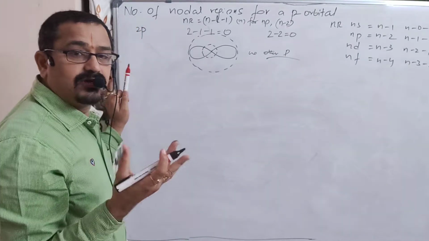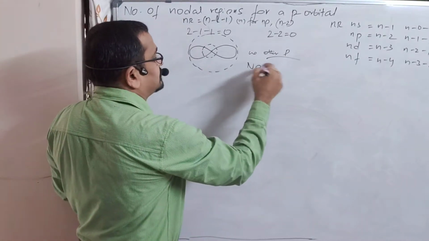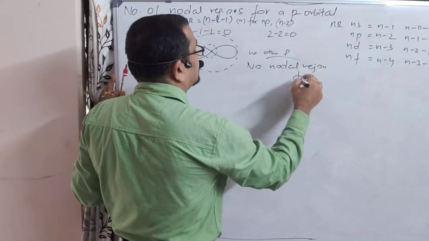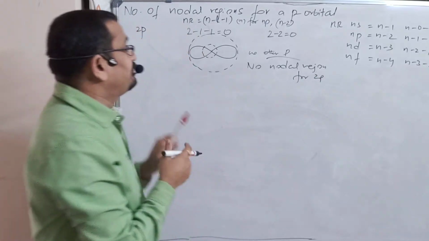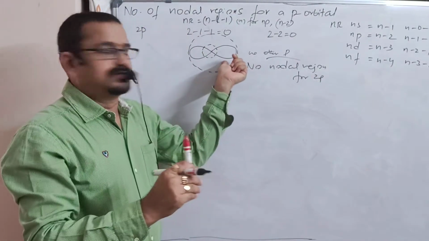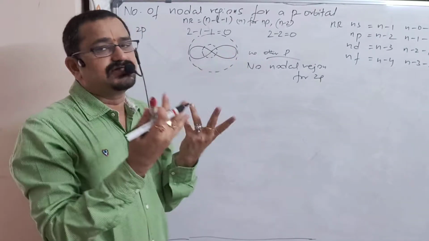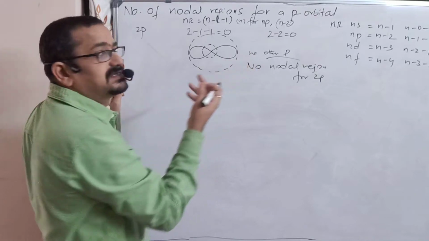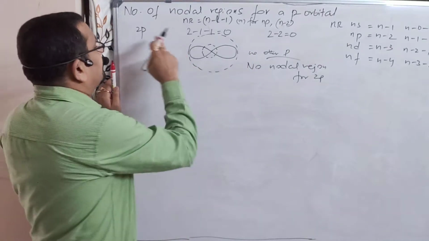So, no nodal region for 2p. Once again, for a 2p, this is the first starting p orbital, below which there is no other p orbital. As there is no other p orbital, no nodal region is possible practically for 2p.